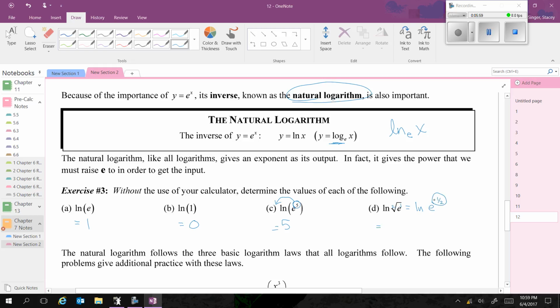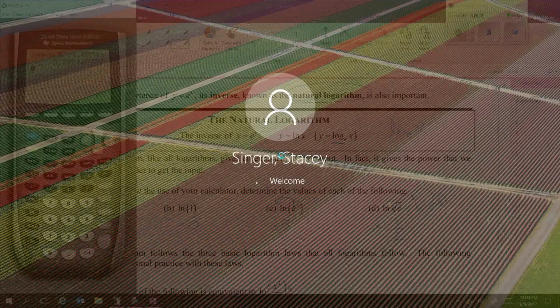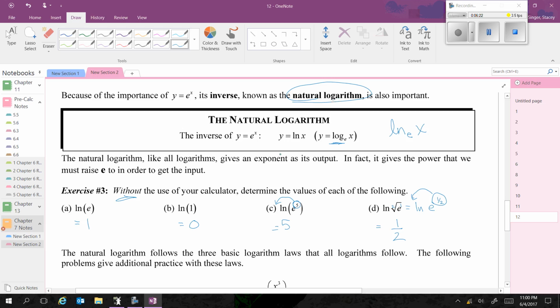And I bring my 1/2 out in front, I get 1/2. Now it says without your calculator, but you will have your calculator on the Regents, so if you can't remember, you could type it in your calculator, because you have the calculator with you on the Regents.